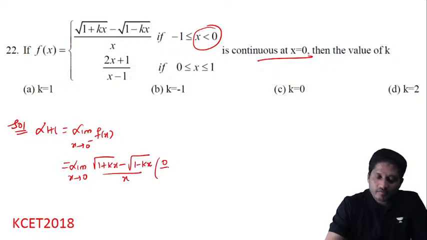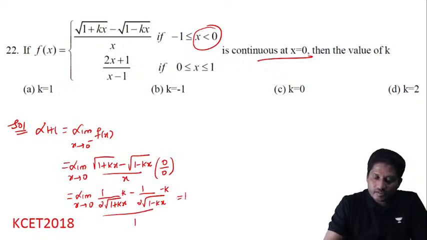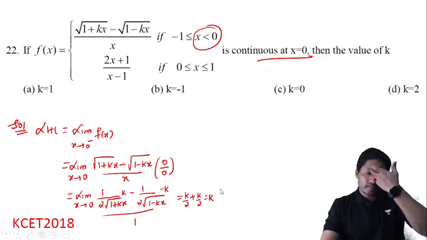This is 0 by 0 form. Limit x tending to 0, let us use L'Hopital's rule. Differentiate the numerator and denominator separately. Differentiation of kx is k. Again, root x is 1 by 2 root x. As x tends to 0, you will get k by 2 plus k by 2 equal to k. Right, this is the left hand limit.